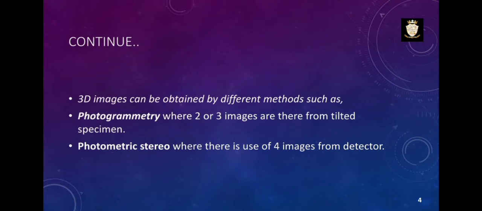In 3D image preparation, we use different methods. The first one is photogrammetry and the second one is photometric stereo. Photogrammetry is where 2 or 3 images are taken from the tilted specimen. In photometric stereo, 4 images from the detector are used.